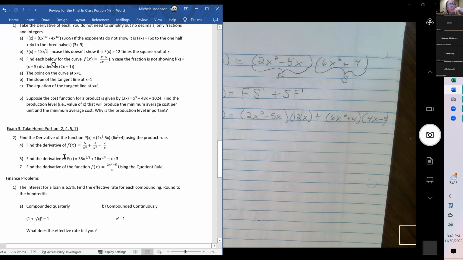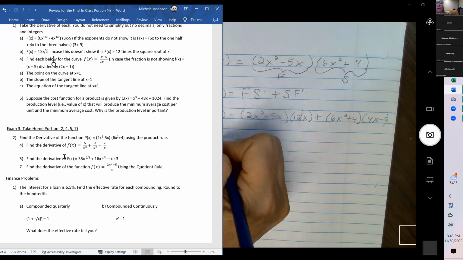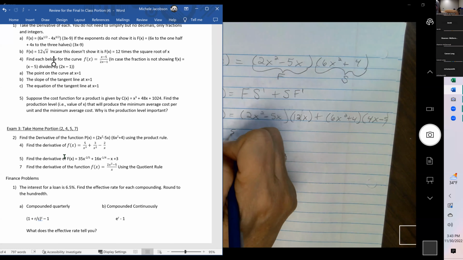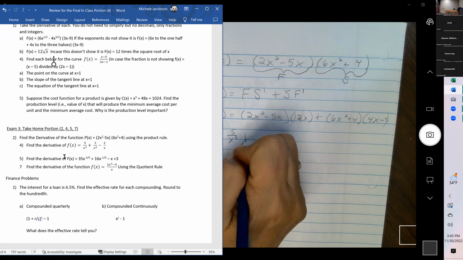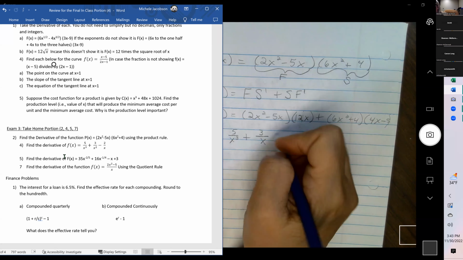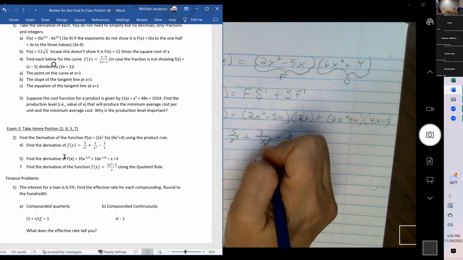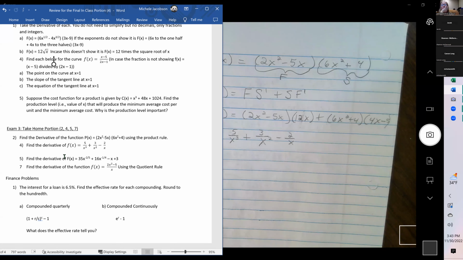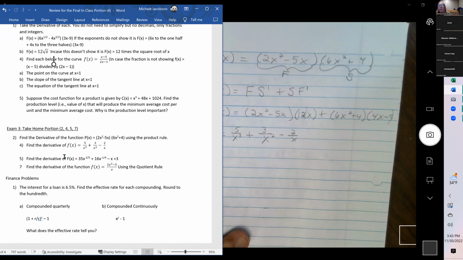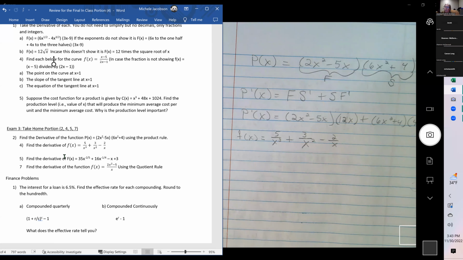Number 4. Find the derivative. 5 over x cubed. Okay. Now, if you were going to take the derivative as they are written, you would be doing 3 quotient rules.